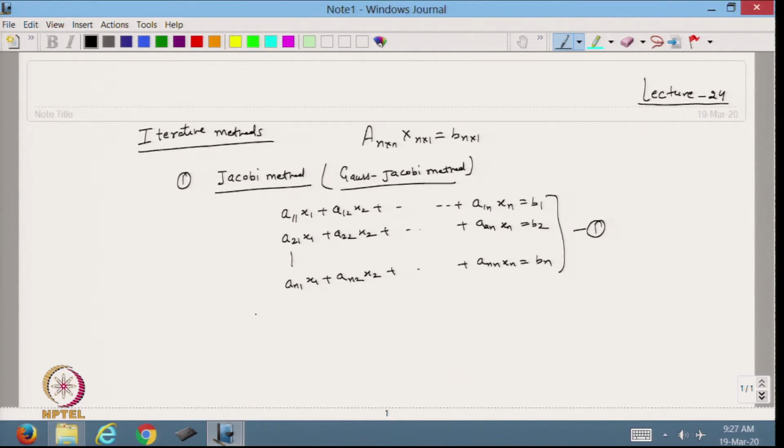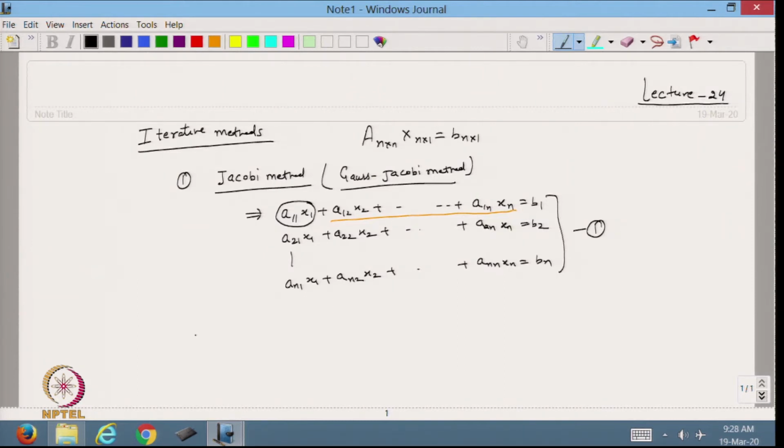First I will concentrate on the first row. In the first row I will keep just the x1 term and take all the other terms to the right hand side.